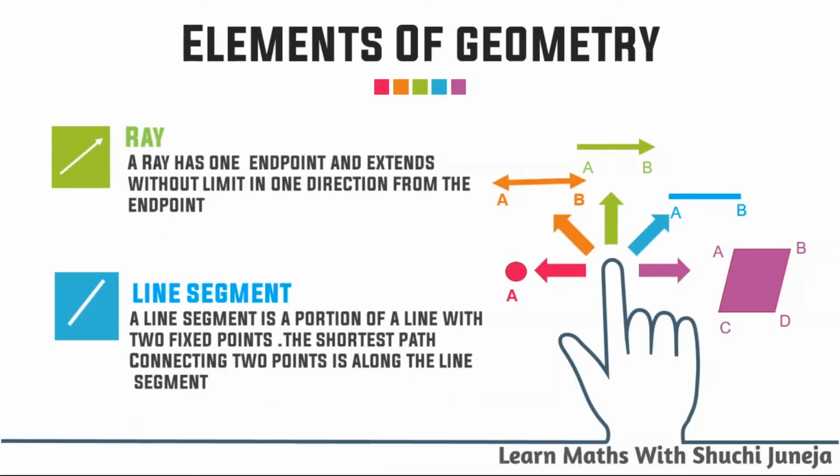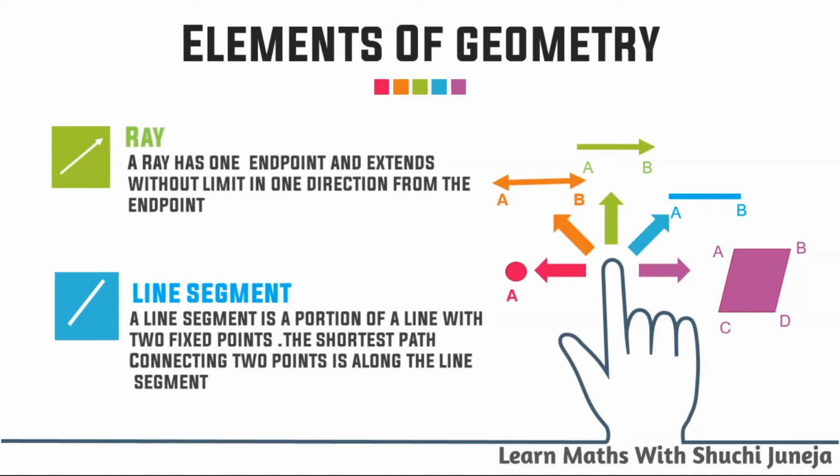Next elements of geometry are ray and line segment. Let's begin with ray, a part of a line which has only one endpoint and can be extended indefinitely only in one direction. Like a line, it has no breadth or thickness. So let's study about line segment. What does a line segment say? It is a part of a line.